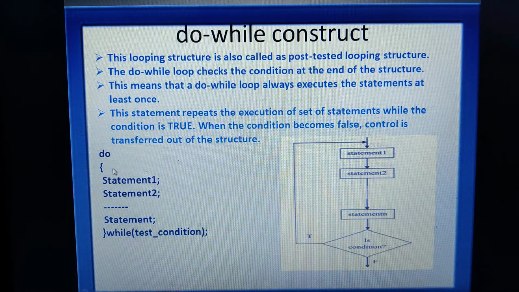Do, in the sense, first these set of statements will be executed irrespective of whether the condition is satisfied at the initial point of time or not. The control will directly enter the loop and start executing these statements. Once they execute, at the end of the structure we test the given condition. Because of this, we refer to the do while statement as a post-tested looping structure.